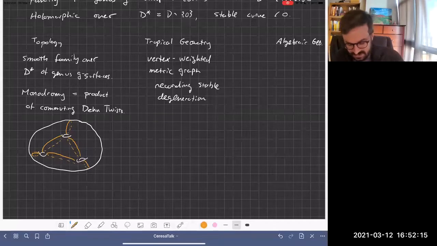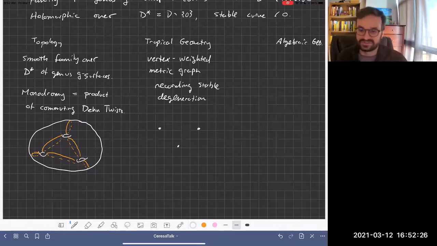The way this graph is supposed to look, the underlying graph is going to be the dual graph to the stable curve.